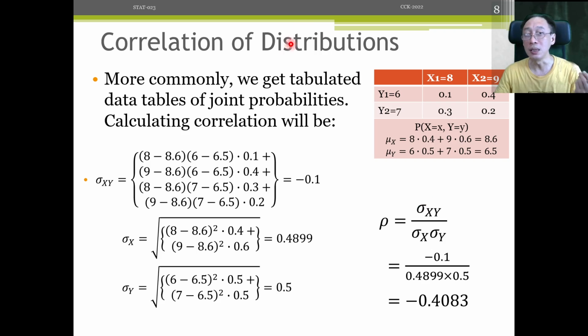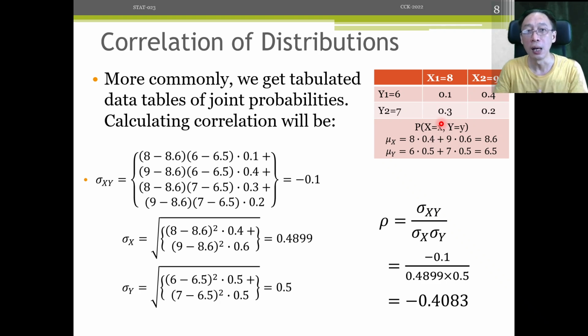And because it is a distribution, there's no fear of ambiguity about the author trying to mean sample or population. It will always be population, because the fractional frequencies or the probabilities here add up to 1, so that means 100%. So we will always be focusing on just the population correlation when we are given a distribution.